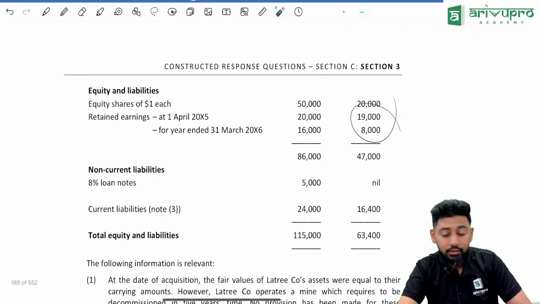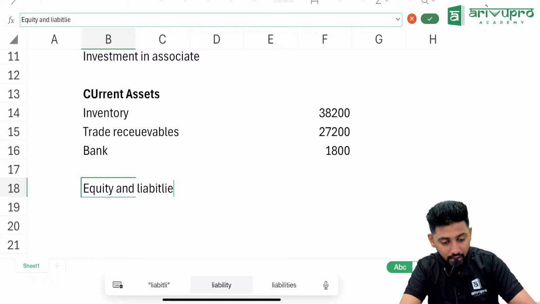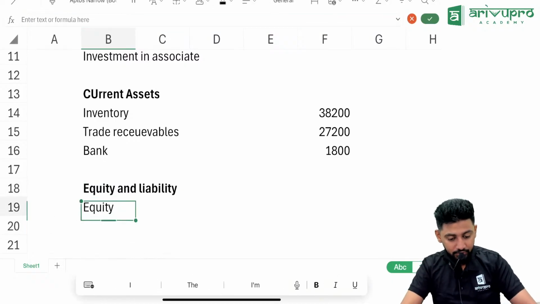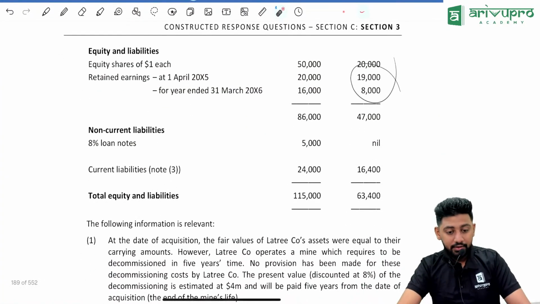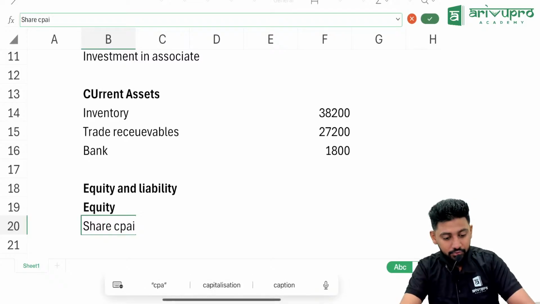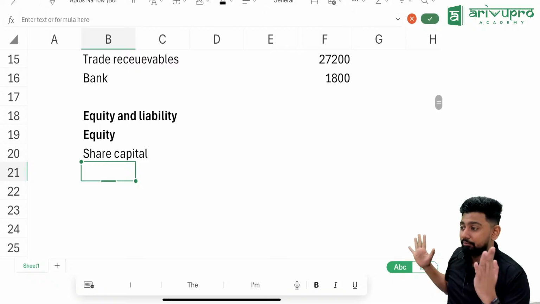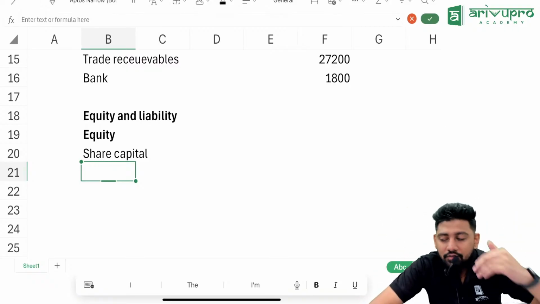Now I can move on to my equity and liabilities. Below that I have my equity. If you take my equity, I have share capital, equity shares. In the exam, to be on the safe side, also have a share premium.